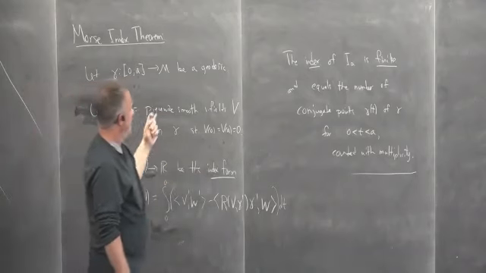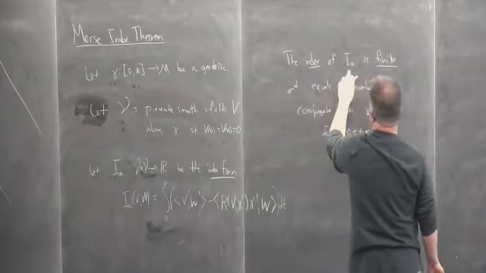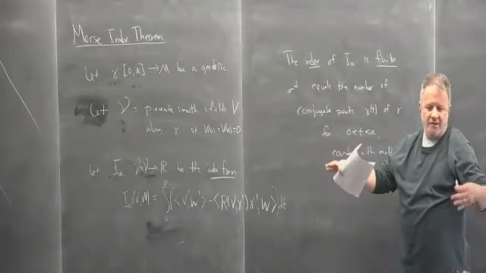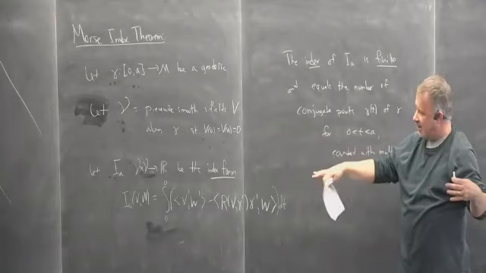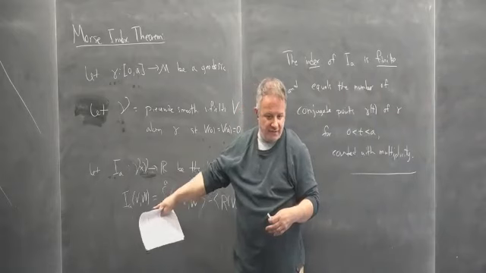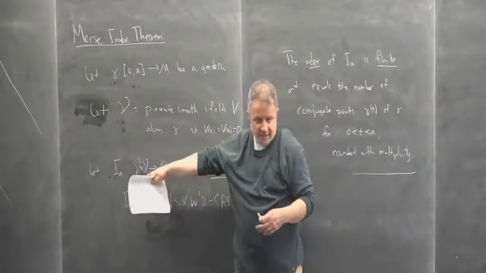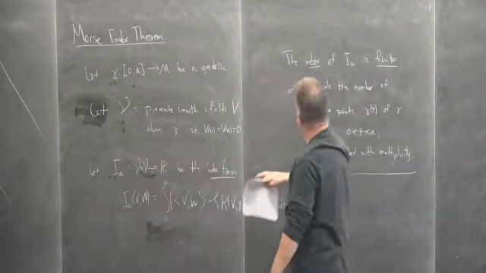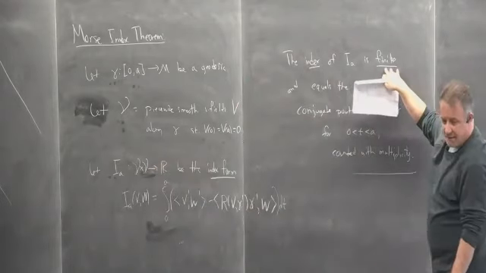Okay, and the index theorem says, what is the index of a symmetric bilinear form? It's the dimension of the largest subspace of V on which this thing is negative definite. Now, for an infinite dimensional space, there doesn't have to be a finite index. So the first thing this tells you is that this index is finite.